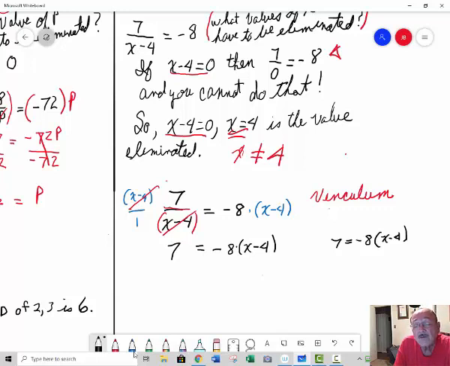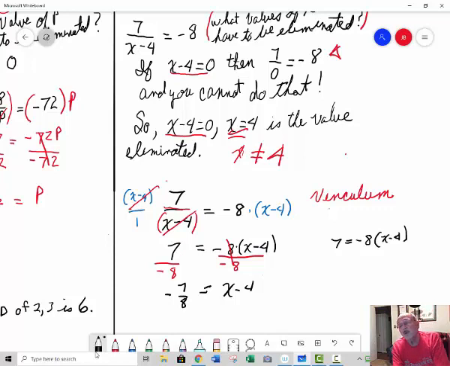I can divide both sides of this equation by negative 8. These are going to drop out, and the only thing that I have left over here is the x minus 4. And on the left side, I have negative 7/8.